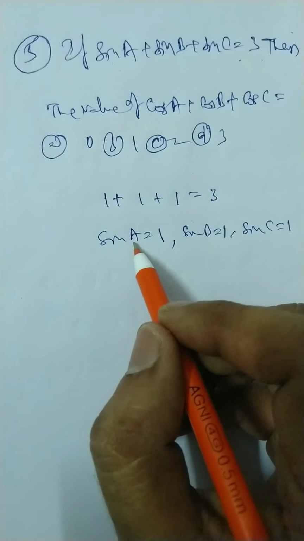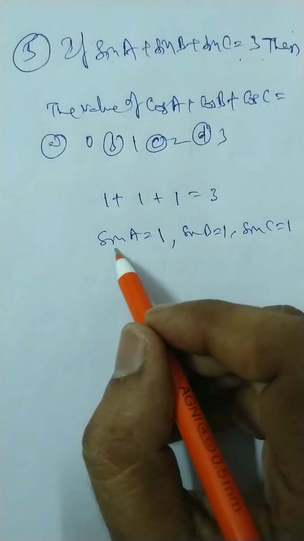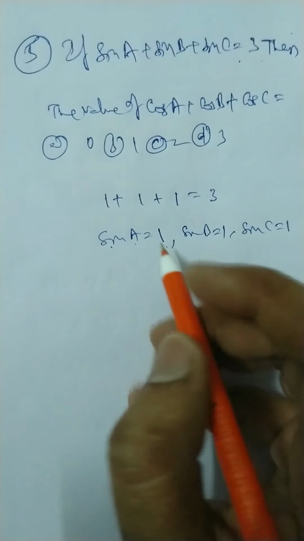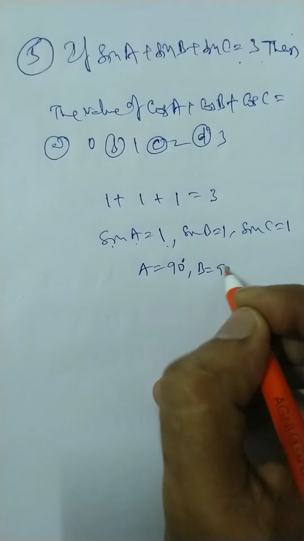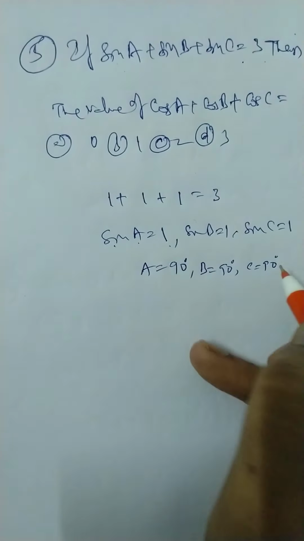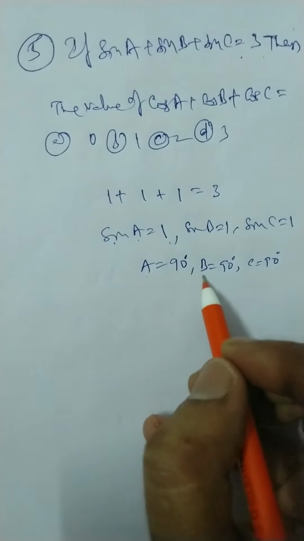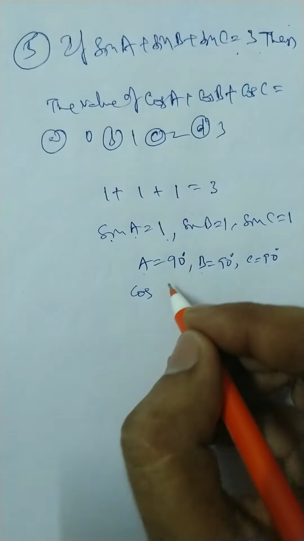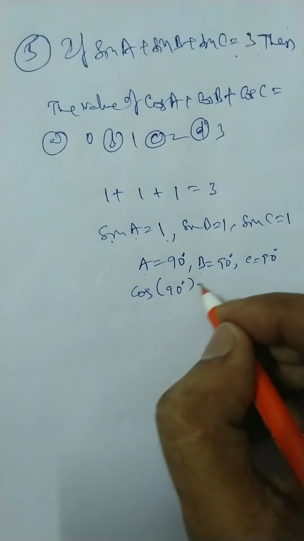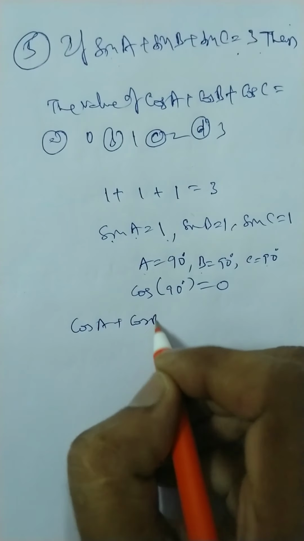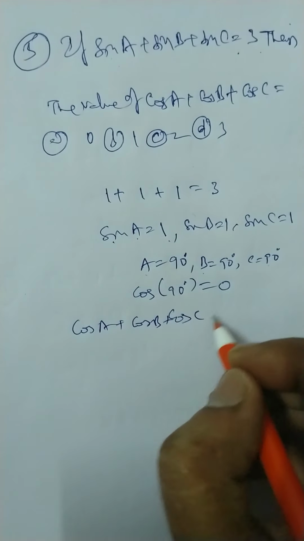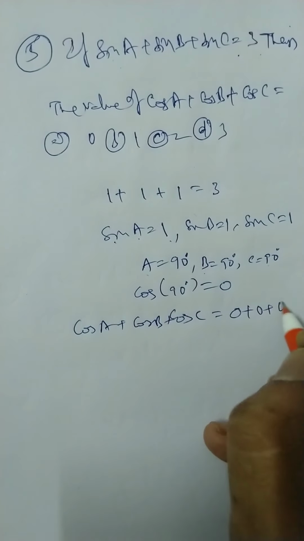We know that for an angle of 90 degrees, sine of the angle equals 1. That means A is 90, B is 90, C is 90. And all of us know that cos of 90 degrees is equal to 0. So cos A plus cos B plus cos C is equal to 0 plus 0 plus 0.